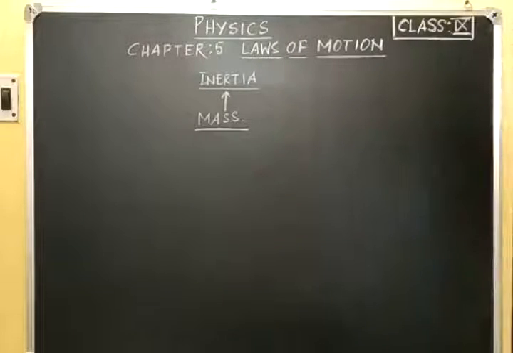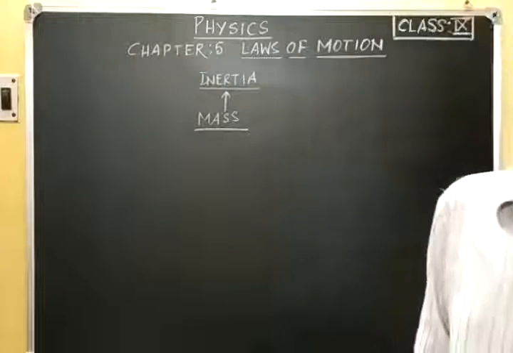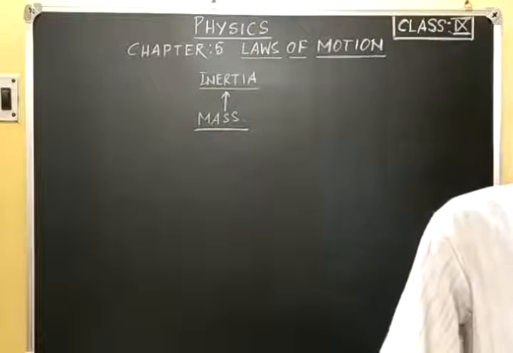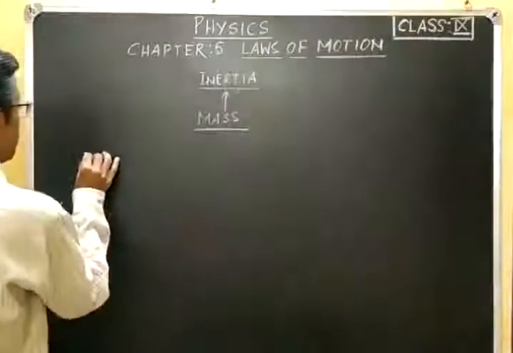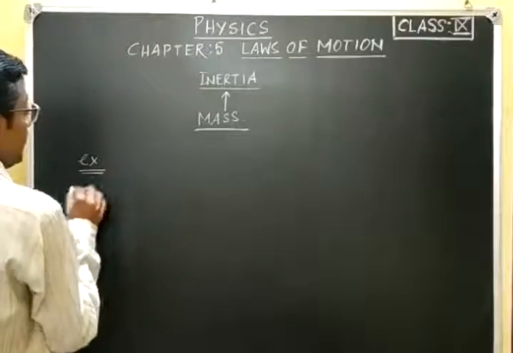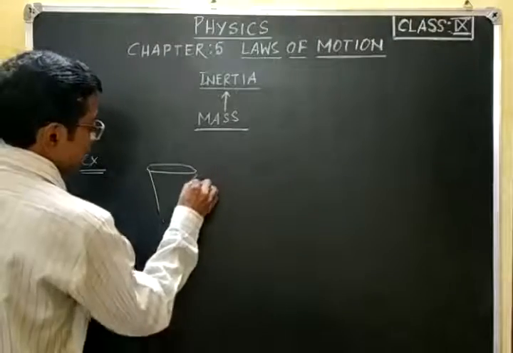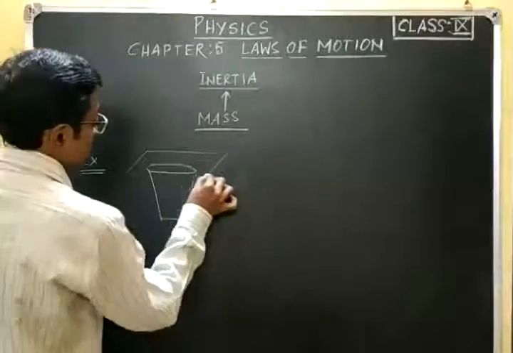So related to inertia of rest and inertia of motion, there are many examples given. I am telling a few things to you. Say this is an example. I will show you what you should write in the exam in order to answer this type of question. And I am assuming this is a 3-mark question.